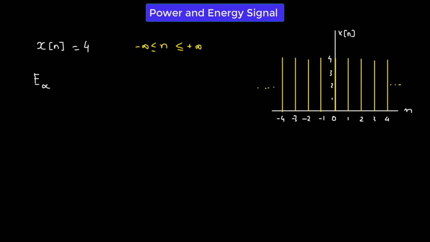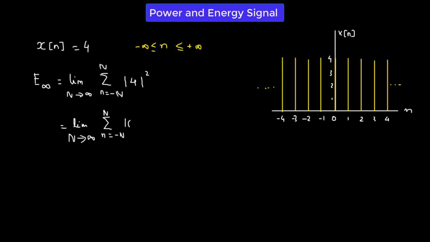So the energy of the signal is going to be given by the limit as n goes to infinity of the summation over small n from negative n to positive n of 4 squared. So this equals the limit as n goes to infinity of the sigma from negative n to positive n of 16.